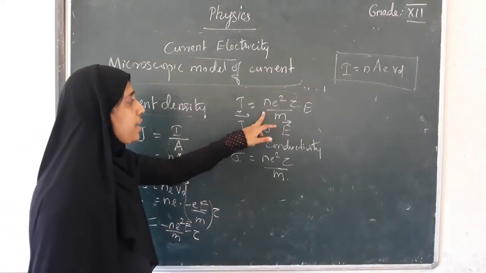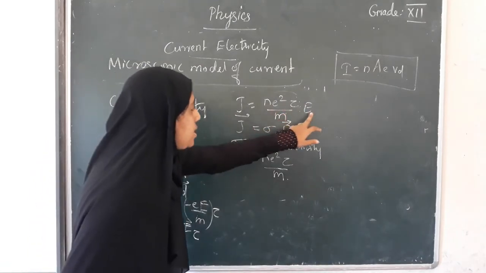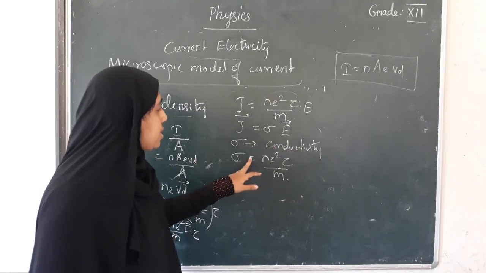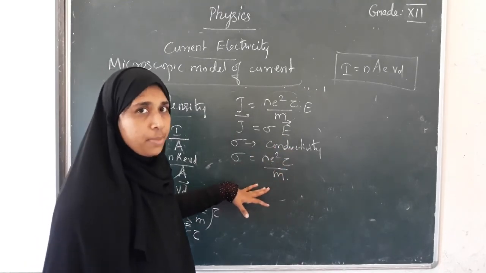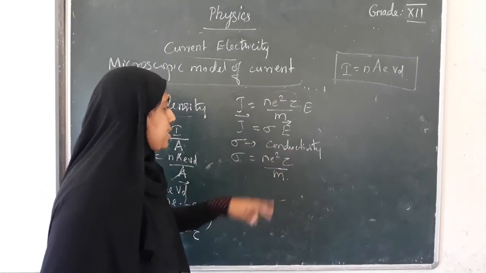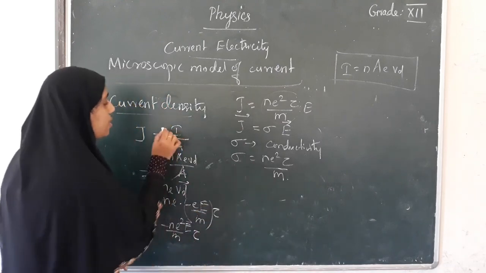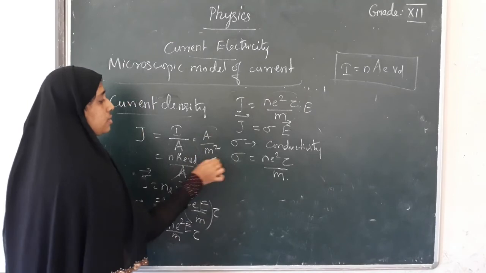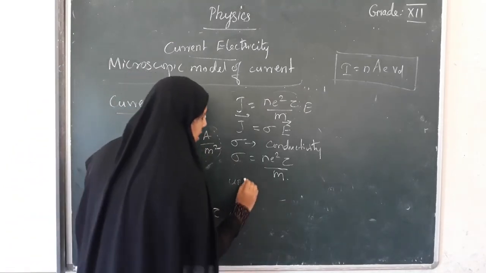So we can take the magnitude n e square tau by m into E. That can be written as J is equal to sigma into E. Sigma is the conductivity of the material, and sigma is n e square tau by m. What is the unit of current density? Ampere per meter square.